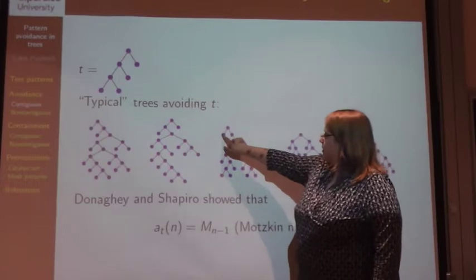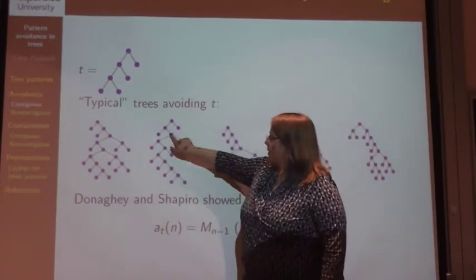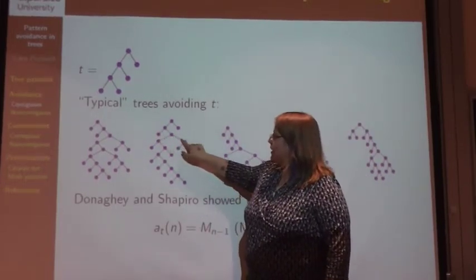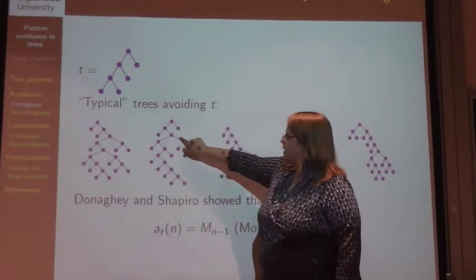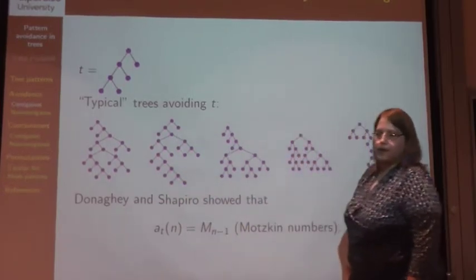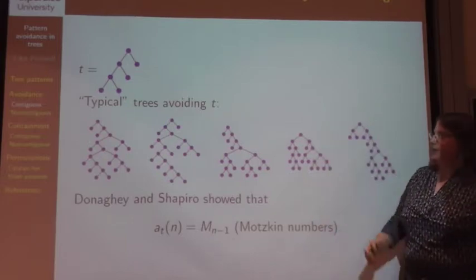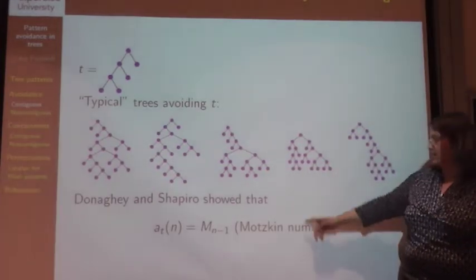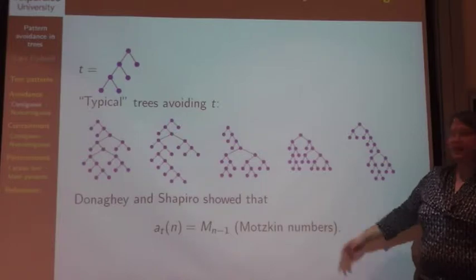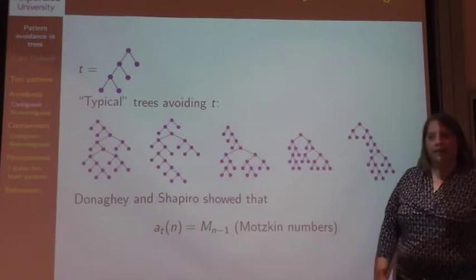And if the vertex to the left of the root does have more children, I can't put anything here. I just need to fill in subtrees avoiding t here and here. And I won't go through details, but from that description I just gave, you can see that the number of trees avoiding this follows the recurrence for the Motzkin numbers, and this was shown by Donahue and Shapiro. So we get another nice sequence here.